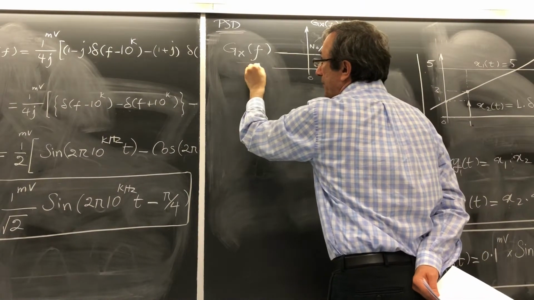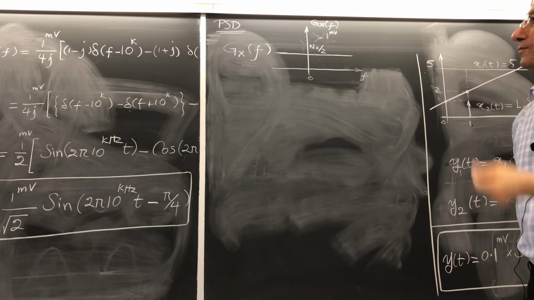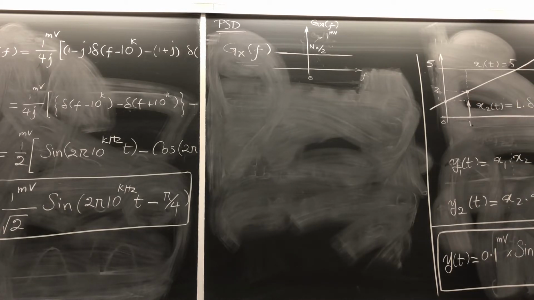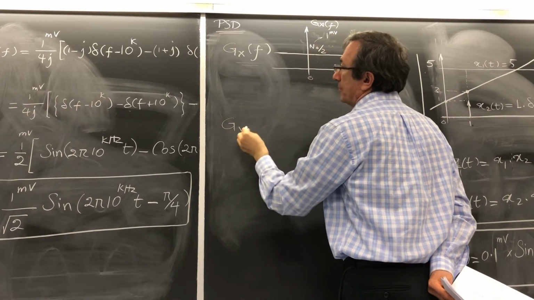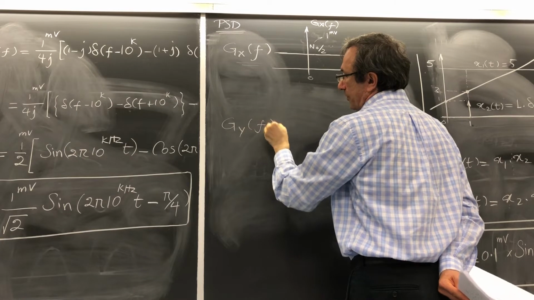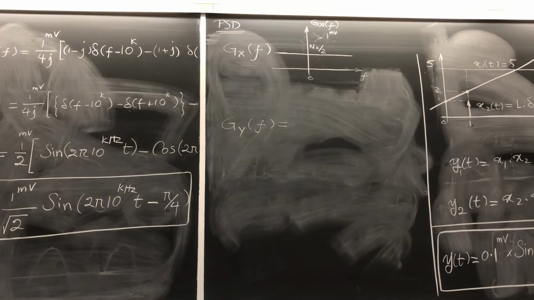So this is the PSD of the input. And since the input is a random signal, even though the transfer function is deterministic and clearly defined, since the input is of some uncertainty, the output would also be a random signal. So the expression we have to come up with for the output would be of PSD value.